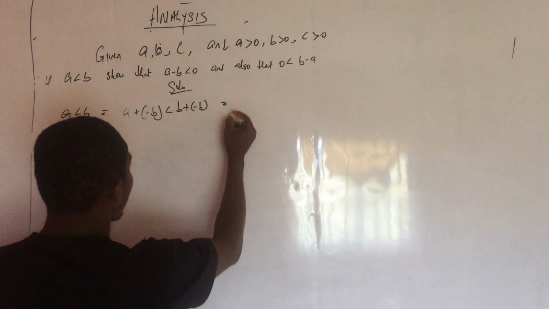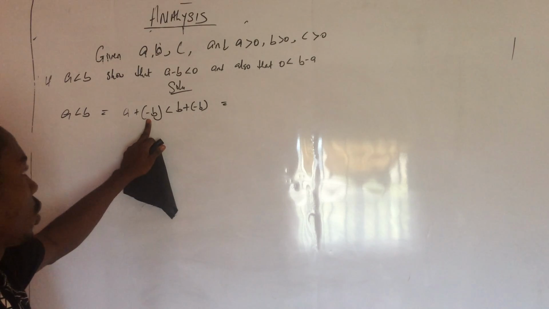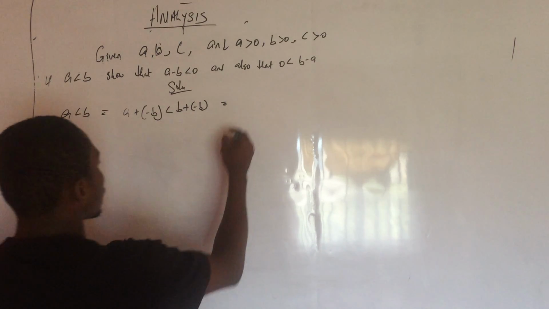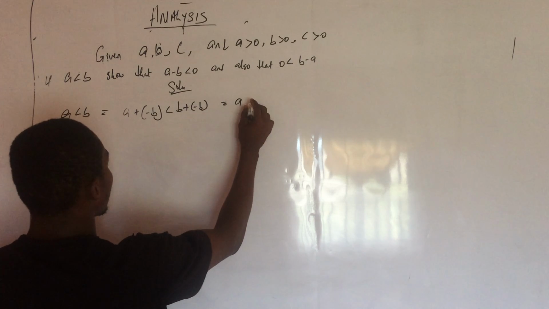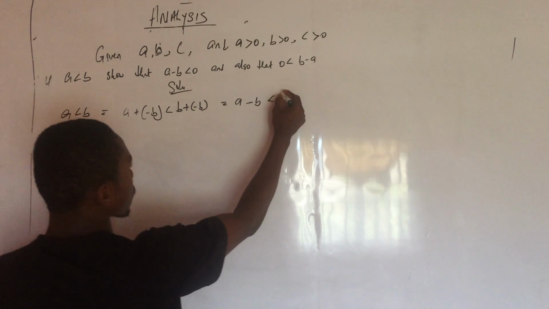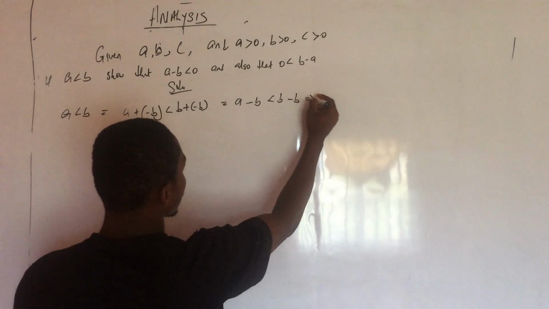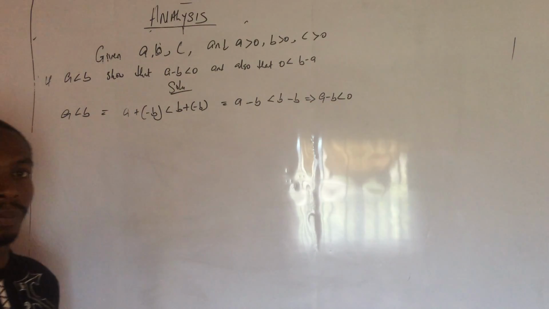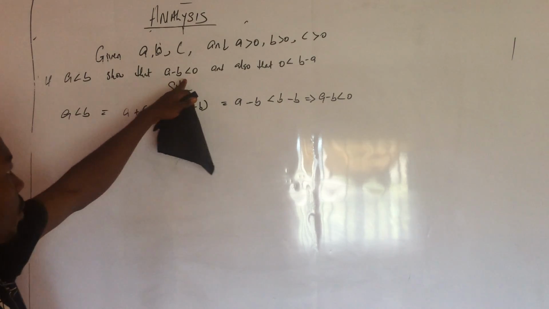Remember, when addition multiplies subtraction, we have subtraction. So that is why we have A minus B is less than B minus B. This implies that A minus B is less than 0. We have proved this first one.